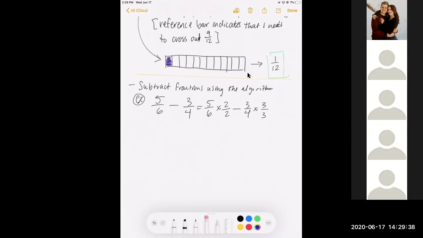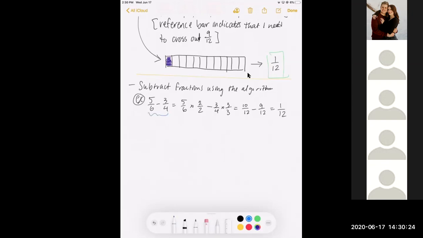I forgot I wanted to make some notes here. We need to make connections from our algorithm to our pictures. Okay.